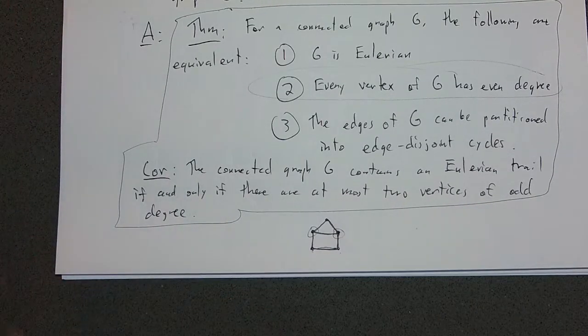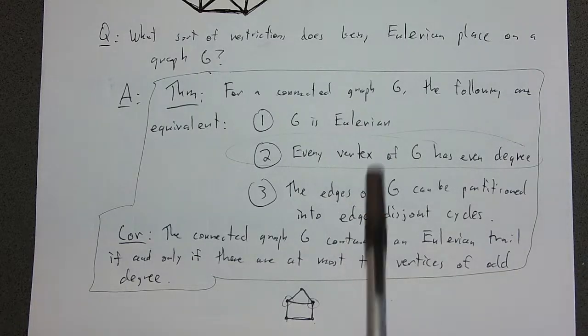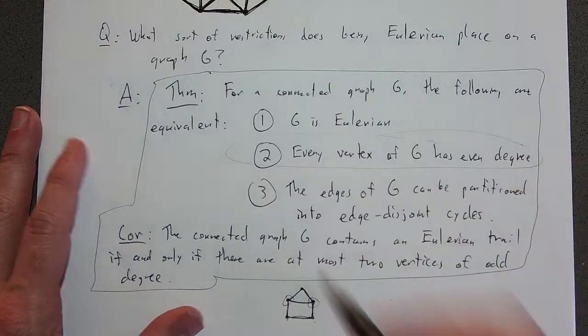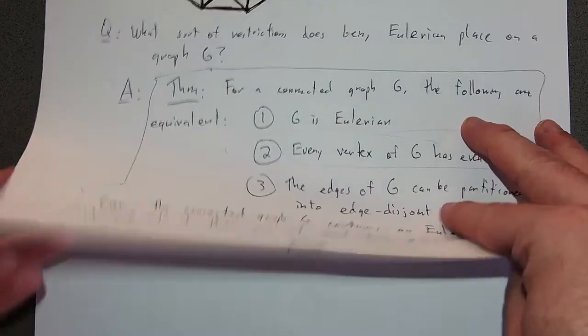But this is a very satisfying answer for the question of what it means for a graph to be Eulerian, or what properties the graph has to have in order to be Eulerian, and we get these nice equivalent conditions. So being Eulerian is a massive restriction. All of the vertices have to have even degree, which is quite the thing to ask.